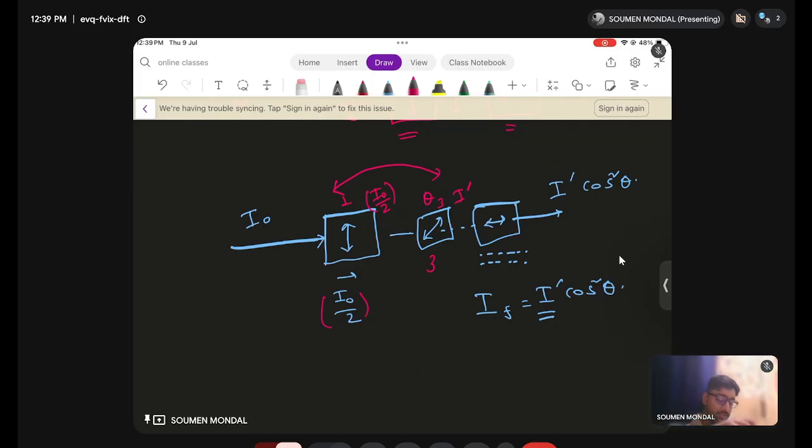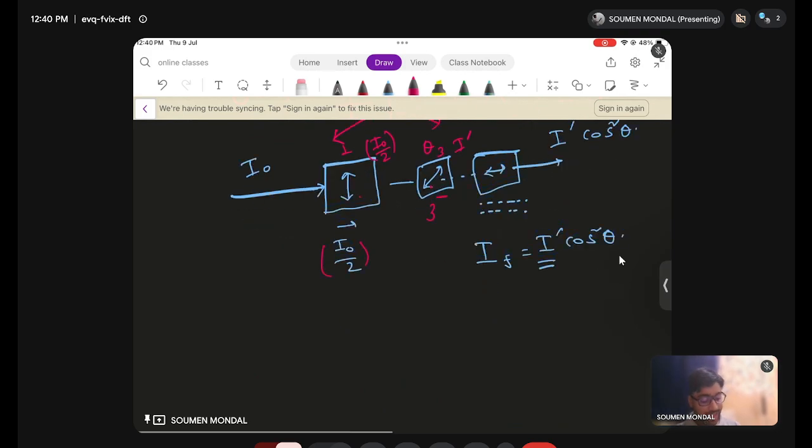So I naught by 2 is entering and falling on Polaroid 3. What will be the intensity there? The angle between this and this, I have to calculate first.